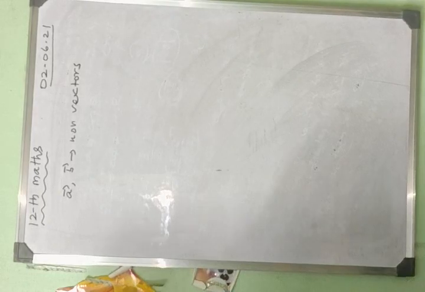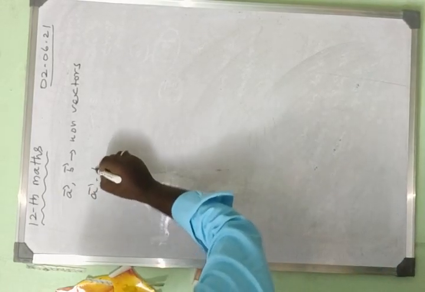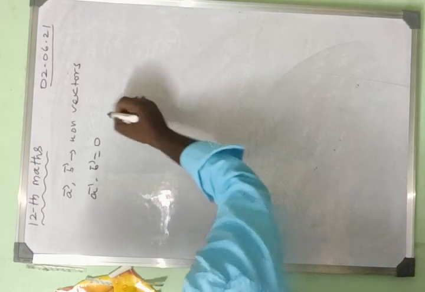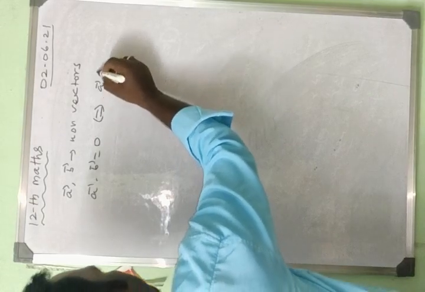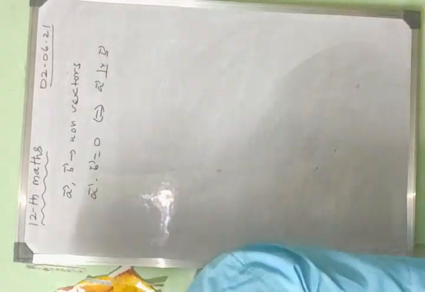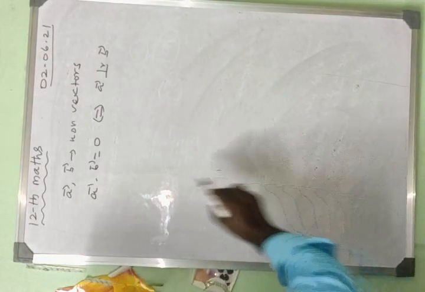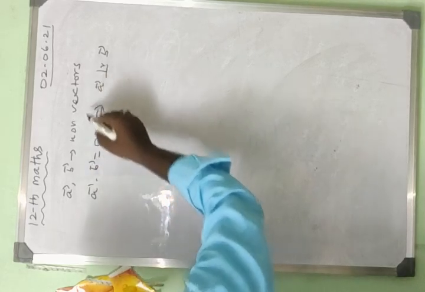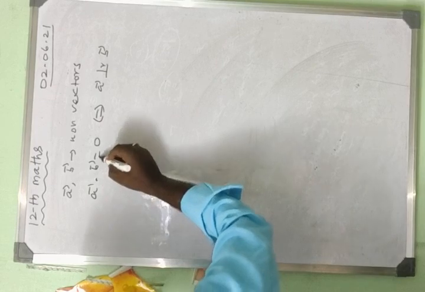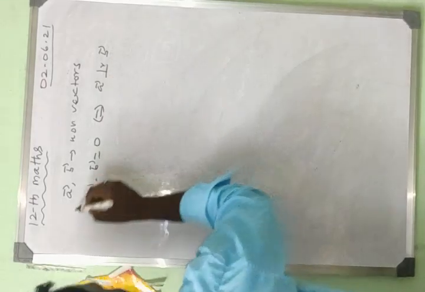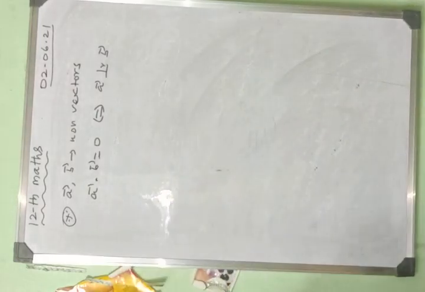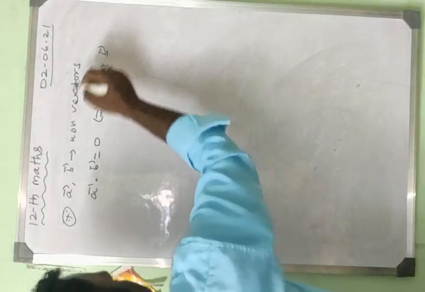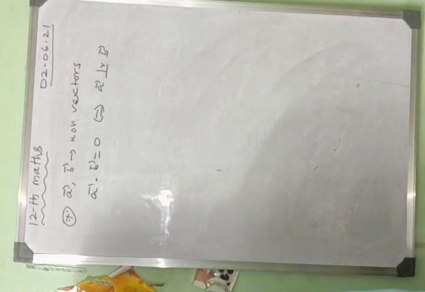Then vector A dot vector B equal to 0 if and only if vector A is perpendicular to vector B. Definitely both vectors are perpendicular. If the two non-zero vectors have A dot B equal to 0, we get that both vectors are perpendicular. This is one very important result.